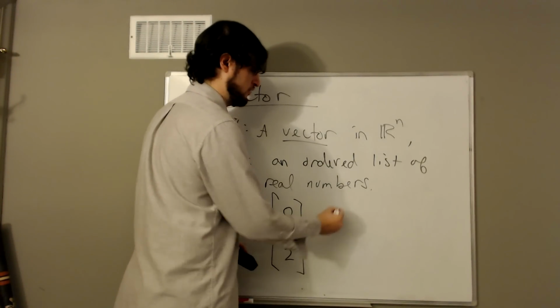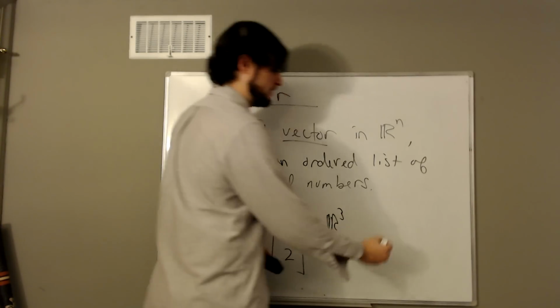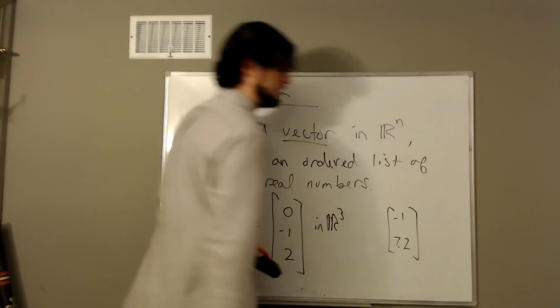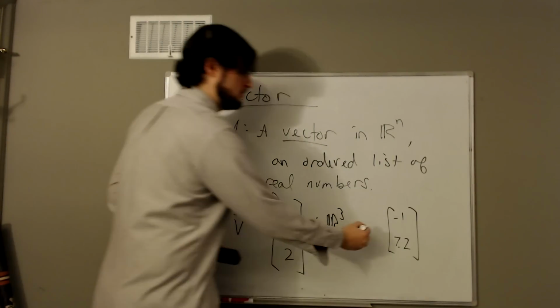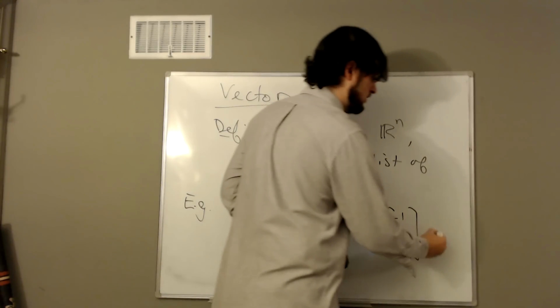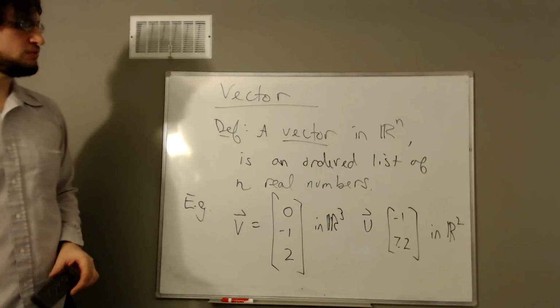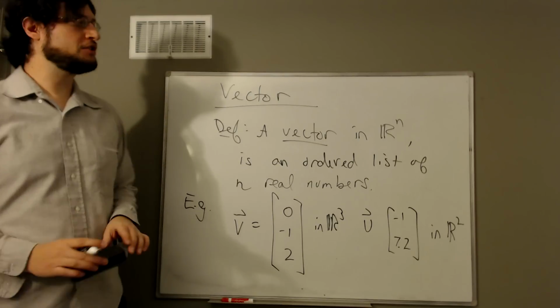Here's a vector in R2. Entries are not allowed to be decimals. Call that U in R2. So it's really just a list of numbers. That's all it is. Nothing special.